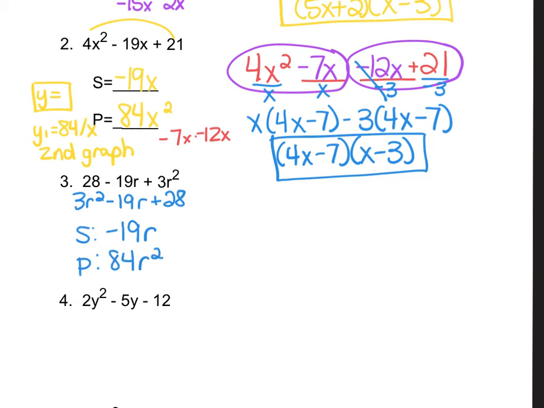Well, this one should be pretty easy because it's identical to the sum and product of what we wanted last time. So we know that we can use negative 7r and negative 12r. So I am going to write those in the blanks. Blank, blank.